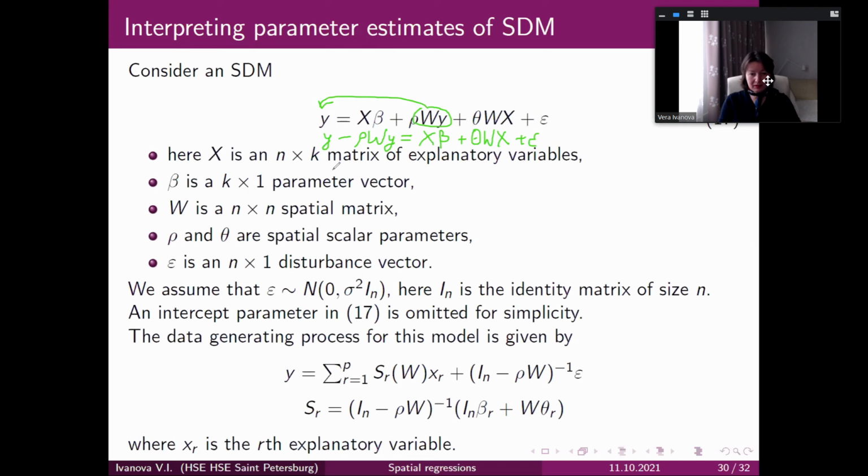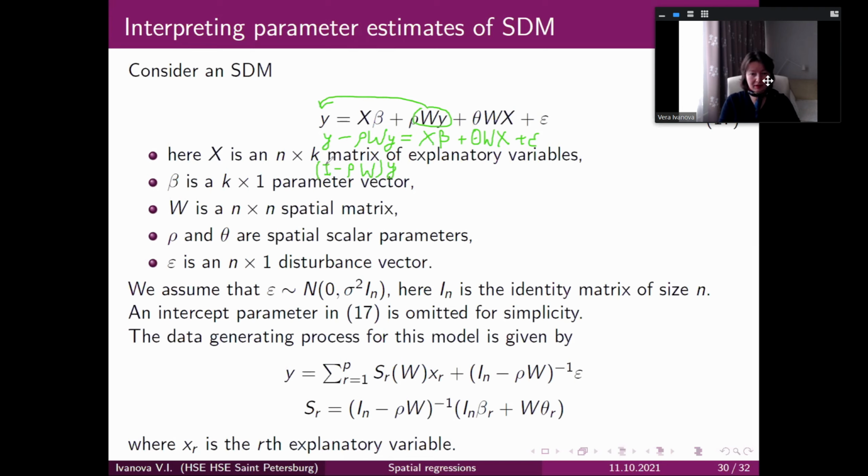And then we need to find the matrix corresponding to W, corresponding to the dependent variable.